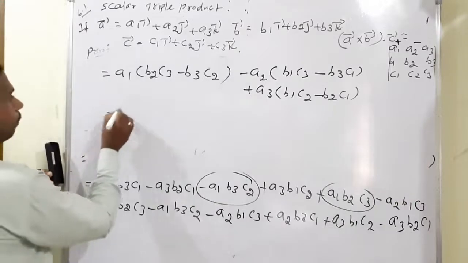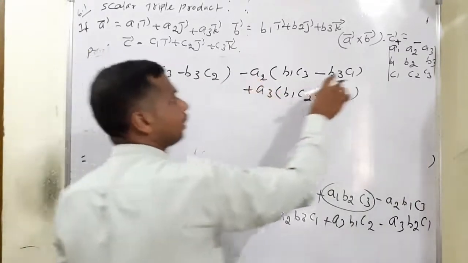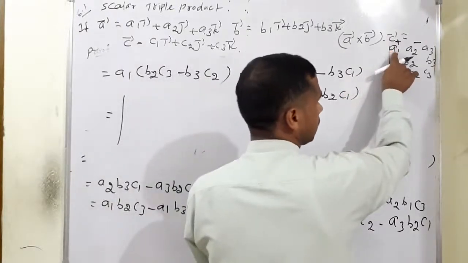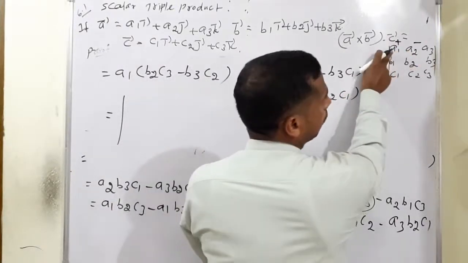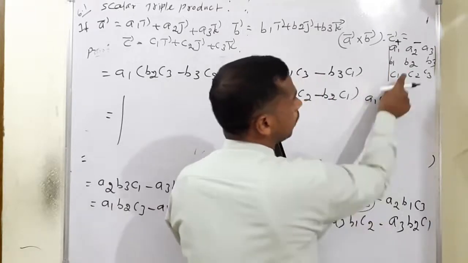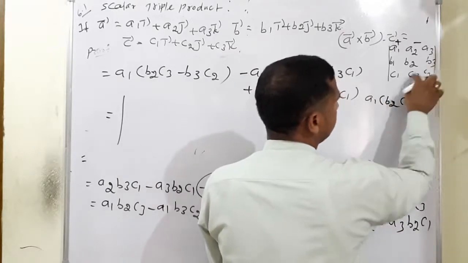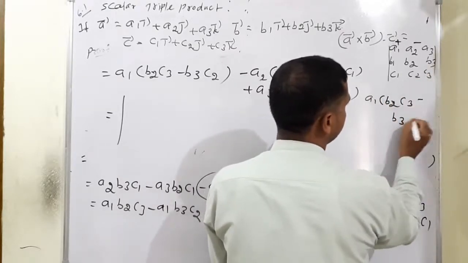So if you rewrite for the matrix term, look at there, A1, A2, but minus term already we know if you remove the bracket means plus A1 into, isn't it? So plus A1 into, if you rewrite, this is first condition A1 into B2 C3 minus B3 C2.